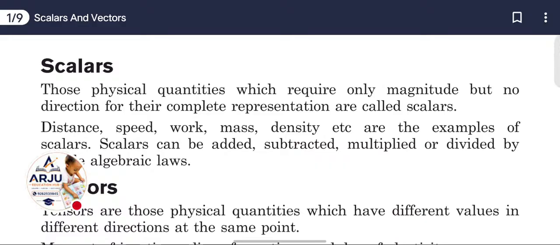Distance has a magnitude but no direction. Speed also has a magnitude, no direction. Work, mass, density, these are all examples of scalar quantities.